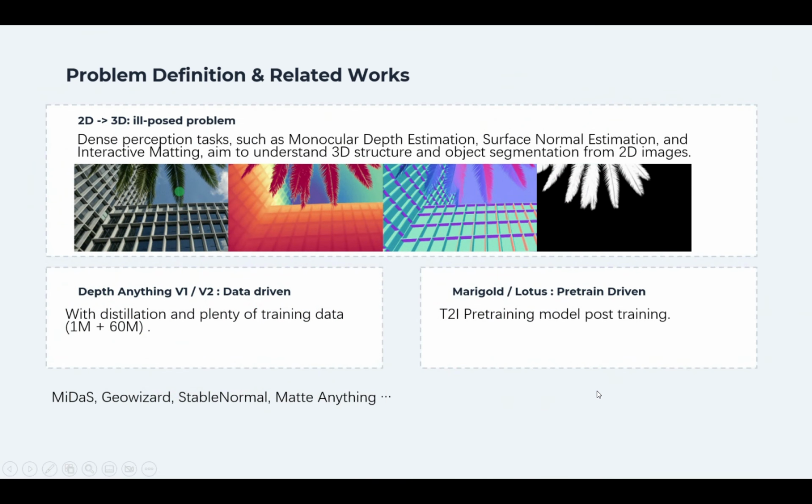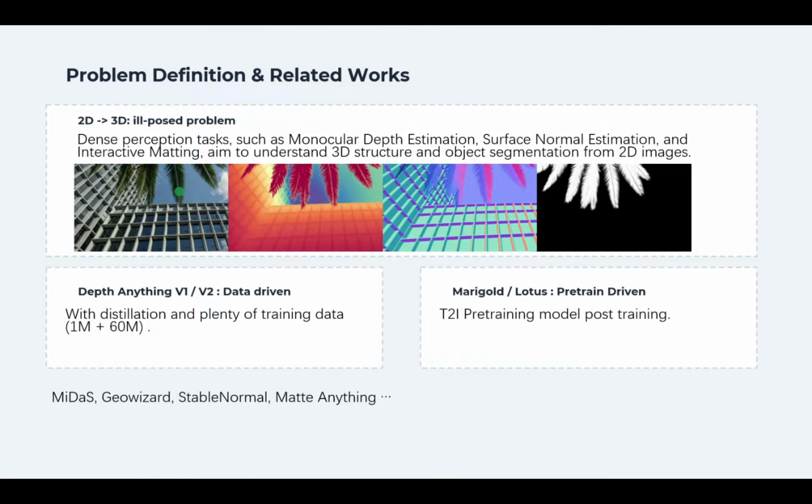Let me first give the problem definition and related works. Dense perception tasks, such as monocular depth estimation, surface normal estimation, and interactive matching, aim to understand 3D structure from 2D images, which is an ill-posed problem.